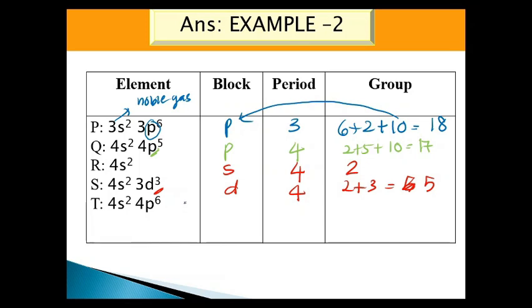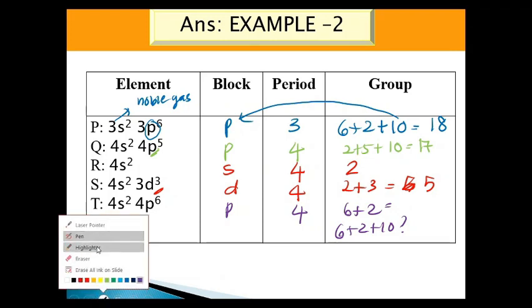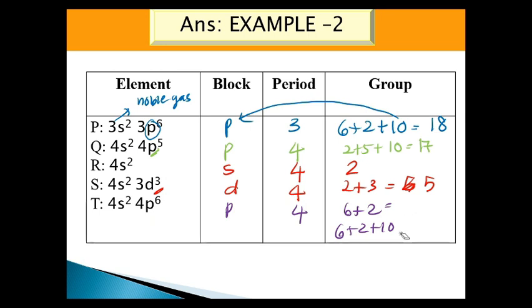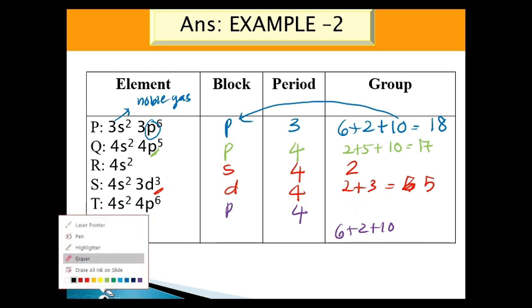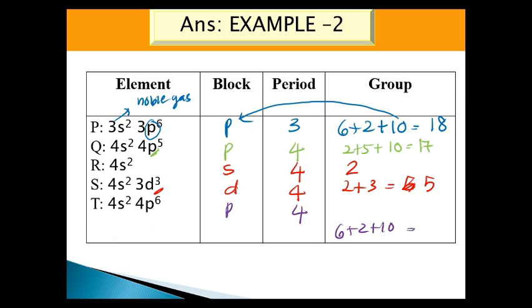For T, the block would be block P, period 4, and group 6 plus 2 equals to. Is this right, class? Is it only 6 plus 2 or 6 plus 2 plus 10? Yes, you must add 10 to find the group because T is in P block. So that would be group 18.